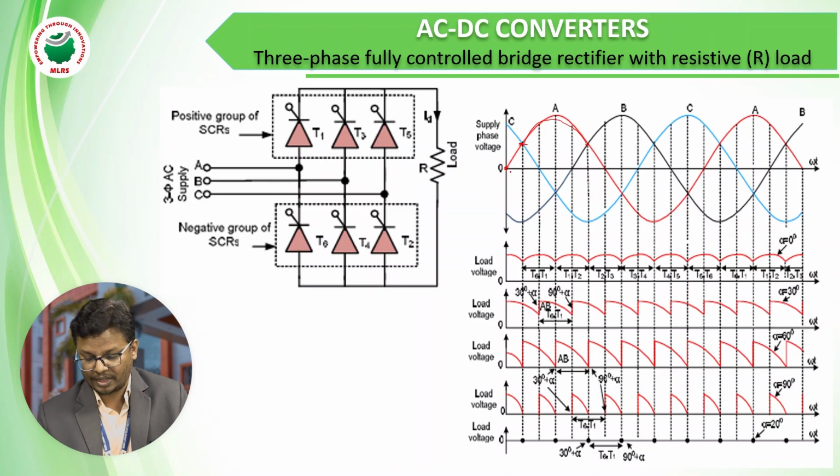If you give a trigger pulse between 0 and 30 degrees, it will not turn on. Why? Because in this 0 to 30 degrees region, the voltage of the C phase is greater than the voltage of the A phase. So the A phase will not conduct in the region of 0 to 30 degrees, even though you give the trigger pulse.